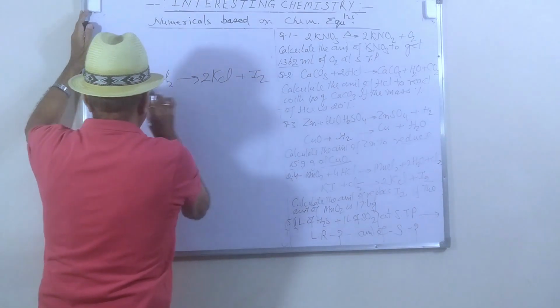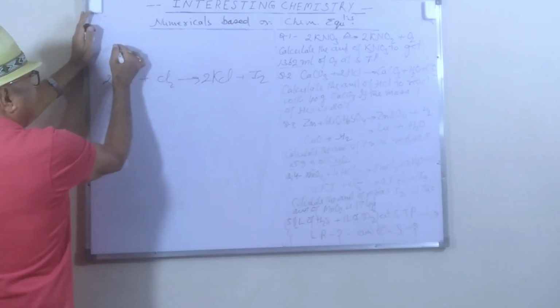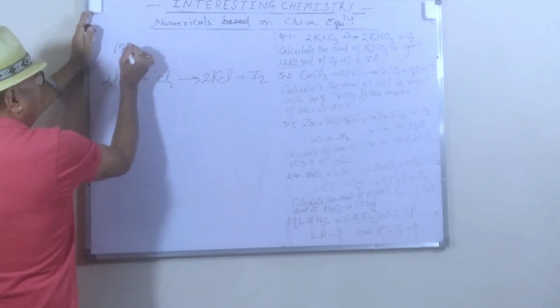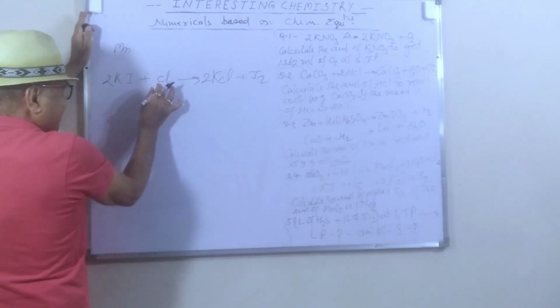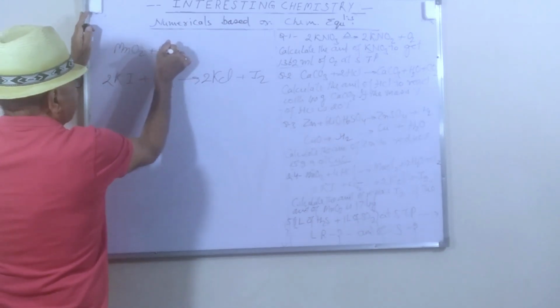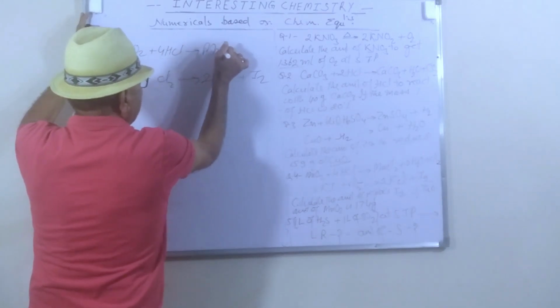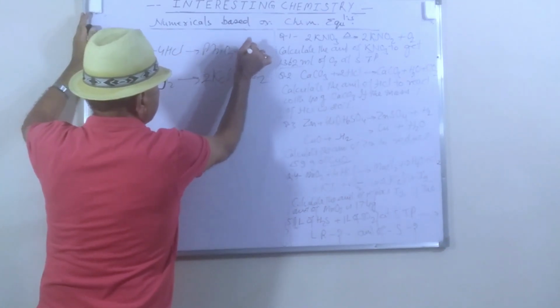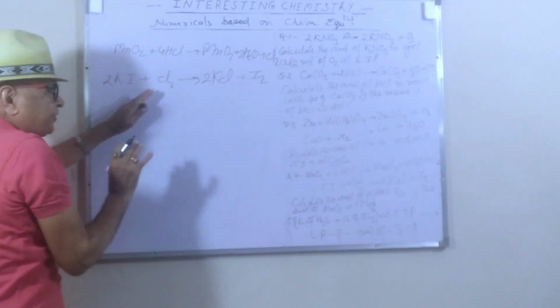This iodine is replaced by the chlorine, and this chlorine can be prepared from MnO2 plus 4HCl, which gives MnCl2 plus 2H2O plus Cl2. These are the two equations.